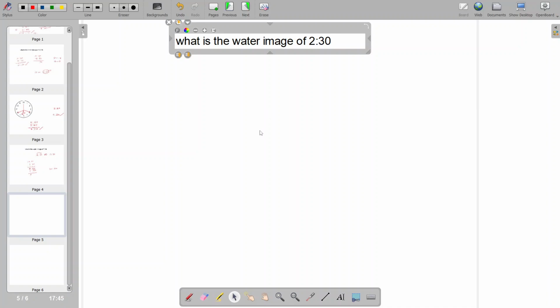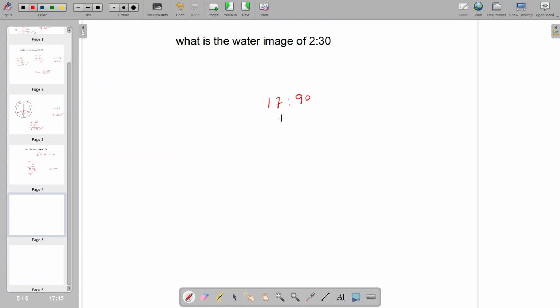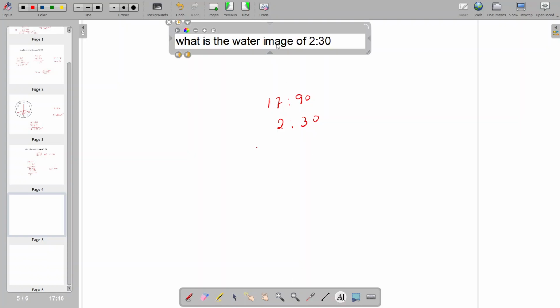What is the water image of 2:30? So for finding water image, we need to subtract from 17:90. So instead of taking 2:30, we'll take some other value. 2:45.